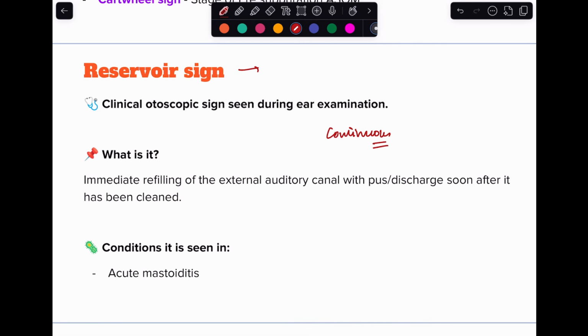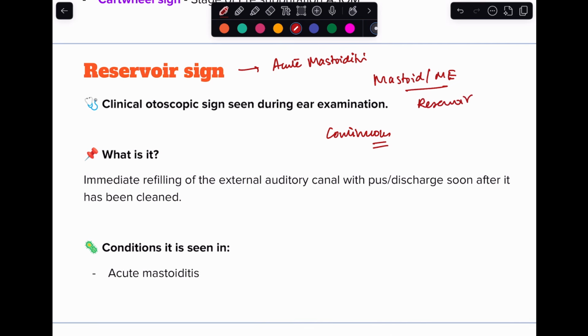And this sign is a typical feature of acute mastoiditis, where a lot of pus production is happening in the mastoid air cells and the middle ear cleft. This has been called the reservoir sign because the mastoid or the middle ear acts as a reservoir of pus.